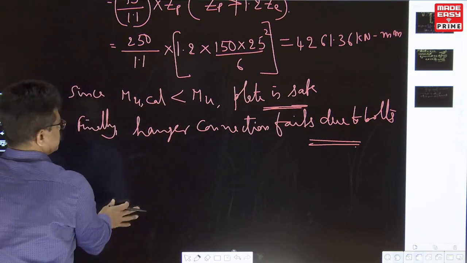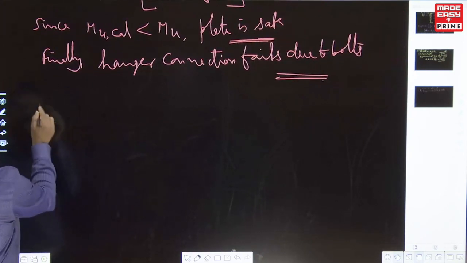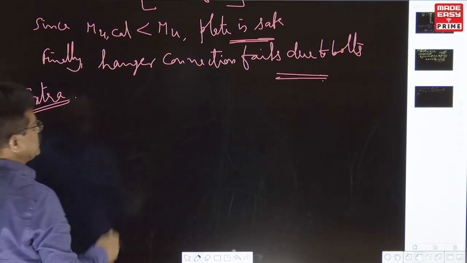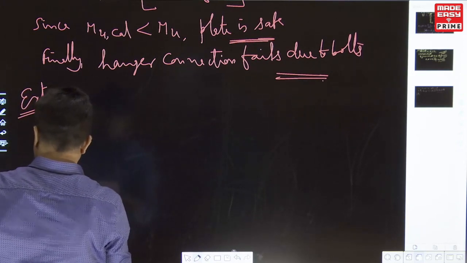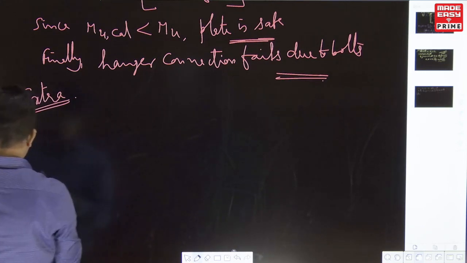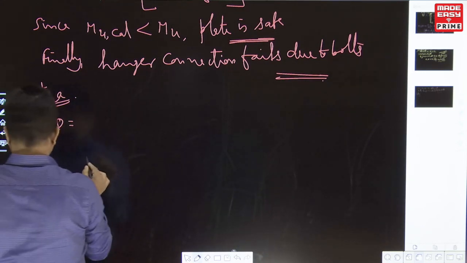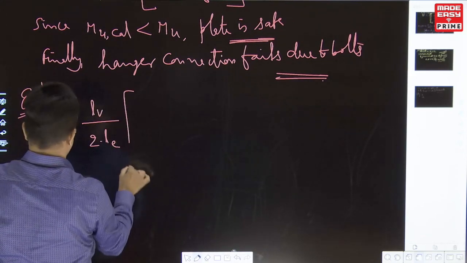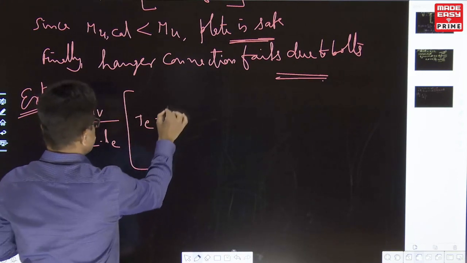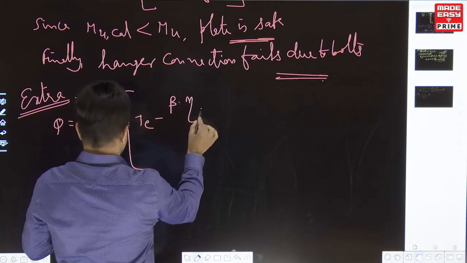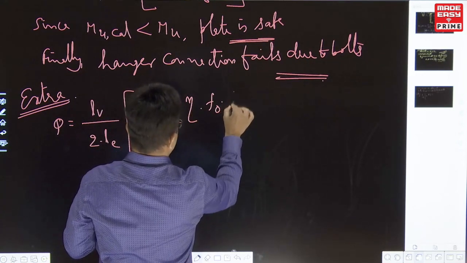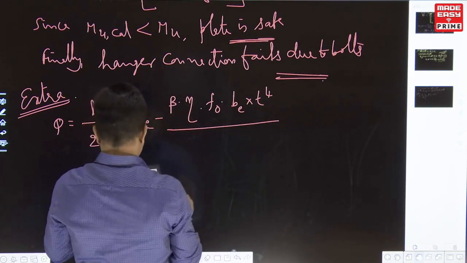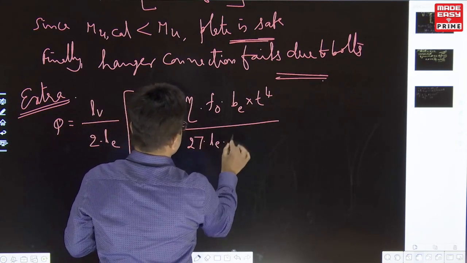As an extra thing for our general understanding, if you take the exact value of Q, see this formula: Q is equal to LV by 2 into LE, times PE minus beta into eta into F0 into B effective width into T to the power of 4 by 27 into LE into LV square.